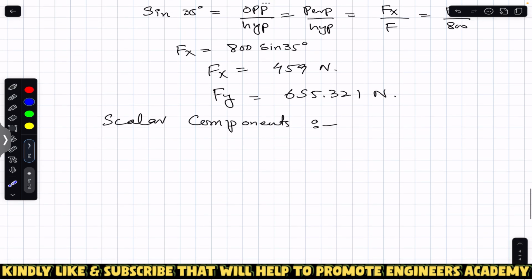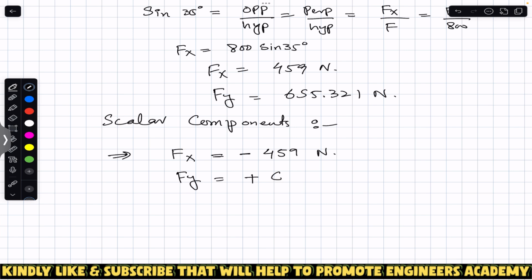So f of x will be equal to minus that magnitude, so minus 459 Newton. So this is the scalar component f of x. And similarly we can write that f of y is equal to plus 655 approximately. Let me remove these 0.321, so 655 Newton.